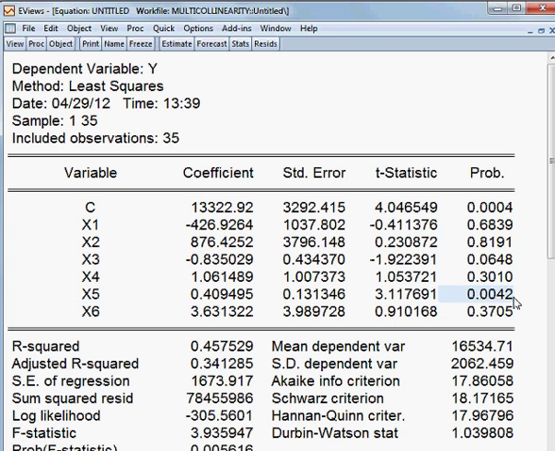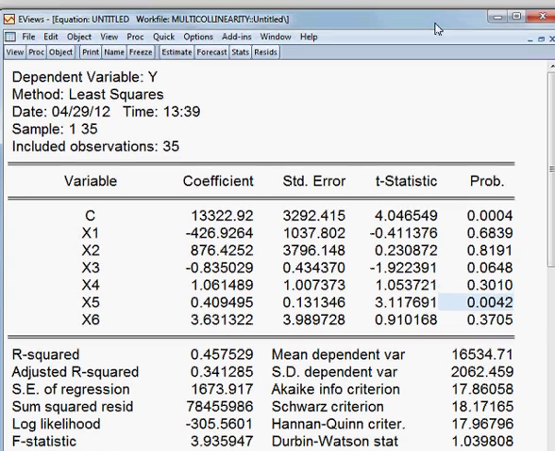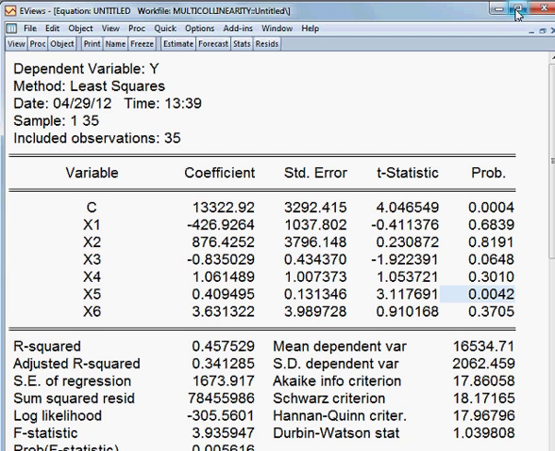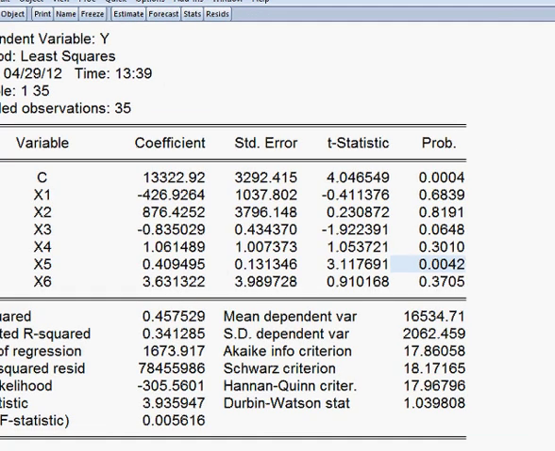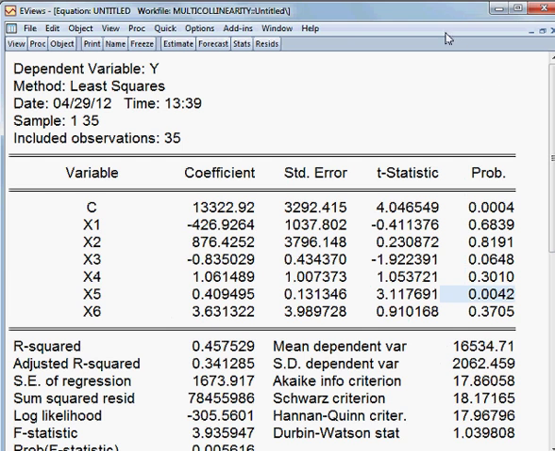So I can suspect that probably in this model the problem of multicollinearity is there, and that is why only one variable has become significant, because of the problem of multicollinearity.